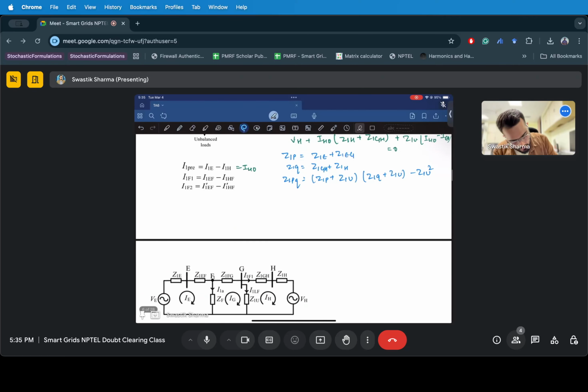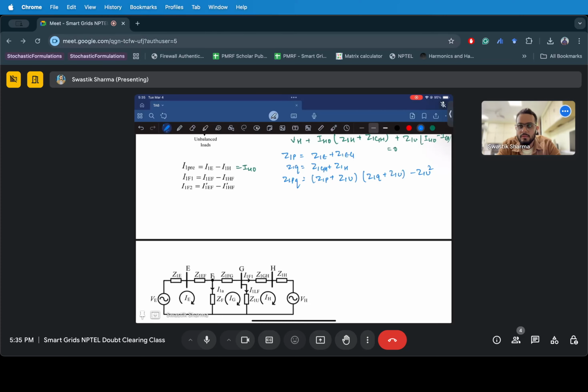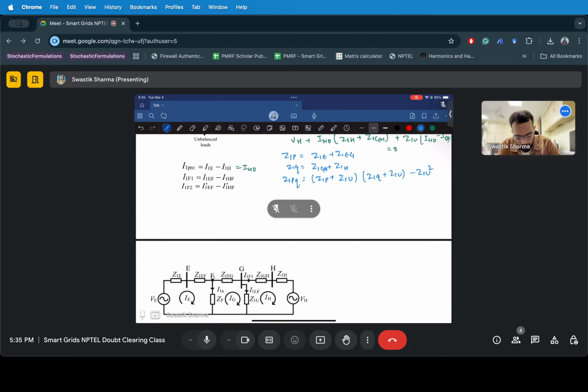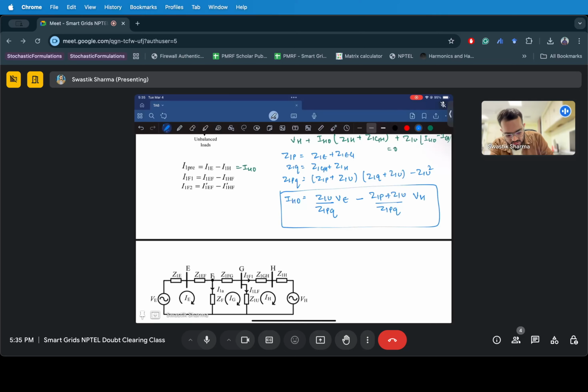So your final form would look something like this: your I at 0 would be Z1U upon Z1PQ VE minus (Z1P plus Z1U) upon Z1PQ VH, right? In terms of VE and VH, it would be something like this. So this is your pre-fault current.